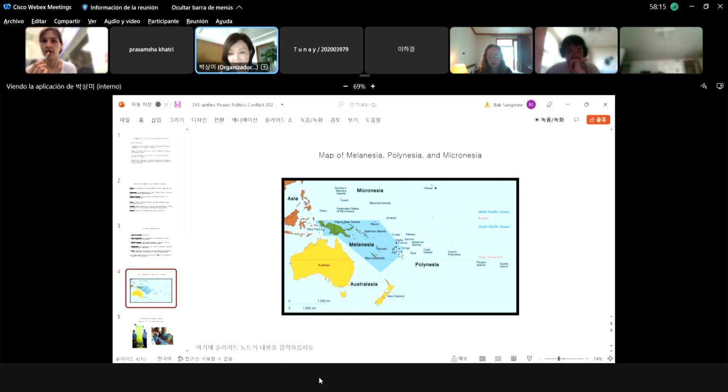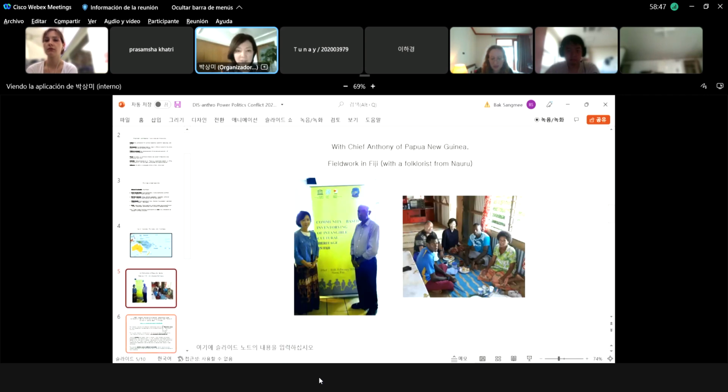In Polynesia, which includes Cook Islands and Samoa, and Hawaii also is classified as Polynesia, here you have more chieftainship, more elaborate and more hierarchical political organization. Okay, so remember this map, and we will move on to the next slide to introduce the case.